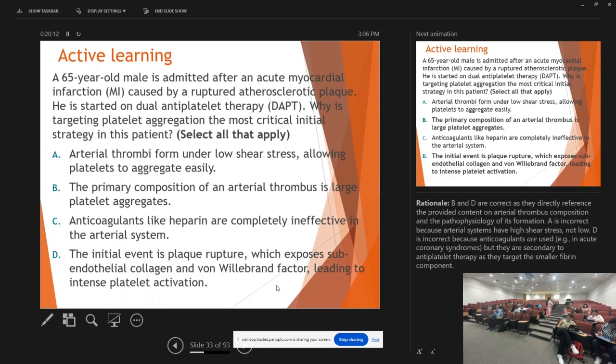Yeah, think about first it's high stress, like what's the blood flow? Is it like high flow or low flow? Medium flow. Is it high stress, low stress? It's A.